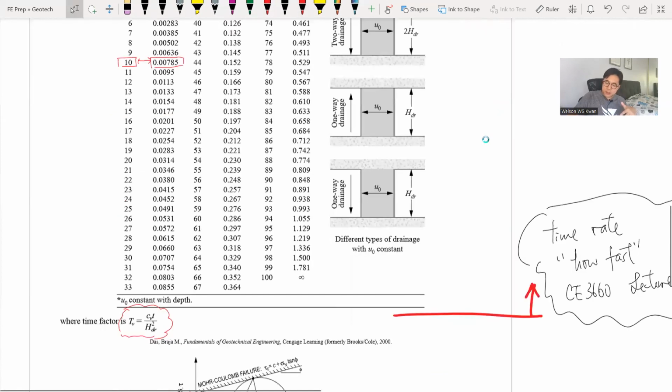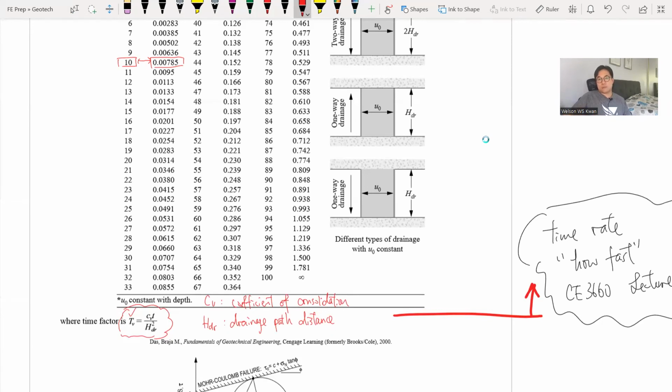With this famous Terzaghi equation here, if you know the T sub V and you know the H sub DR, the drainage path distance, with a constant C sub V, the coefficient of consolidation, which can be measured in the lab.